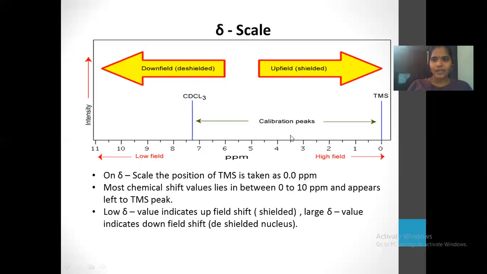I told you if the electron density is more, then obviously it can be shielded, and the shielded nucleus will be observed at high field or upfield, very near to the TMS. Or the nucleus which is not shielded much, or deshielded with less electron density, that type of peak you can observe at the downfield.